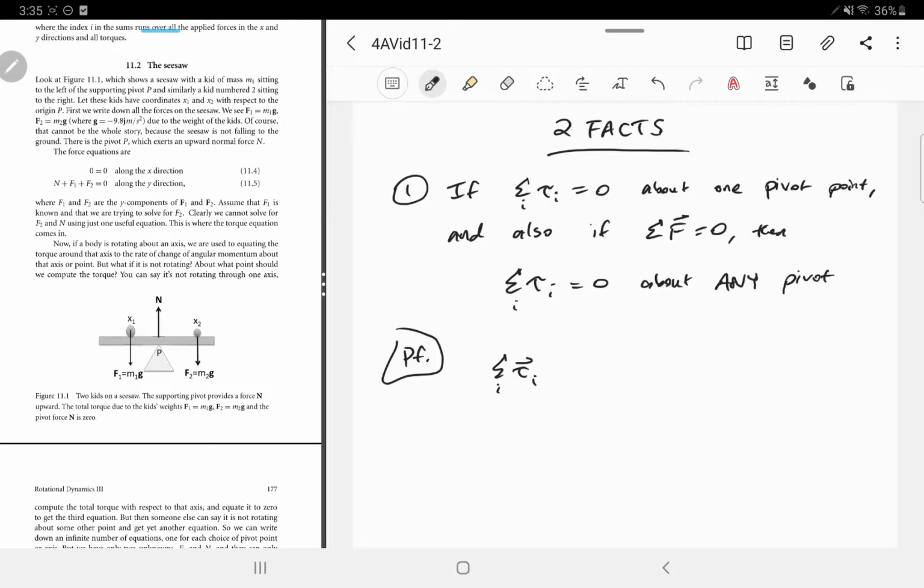But this is a more general statement than that. So the sum of the torques is 0. So 0 is equal to the sum of the torques, and each torque is r, depending on where that force is, cross the force, labeled F sub i.